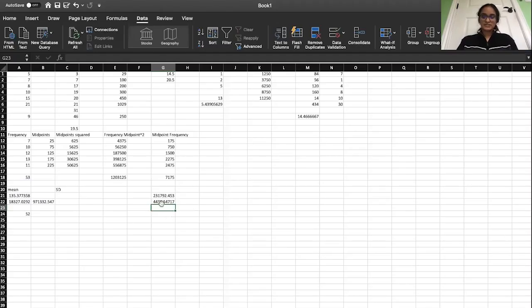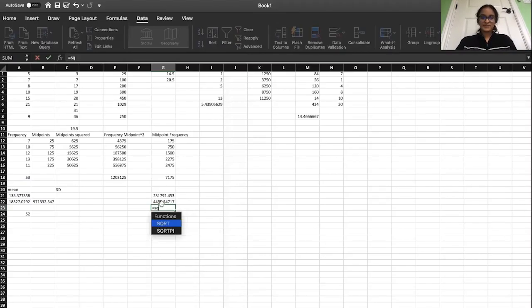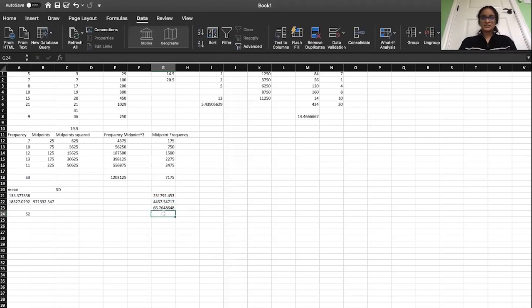So if I go back to my Excel, I'll do square root of this number, and I should get 66.76 as my standard deviation. A lot of you were saying in the chat it should be a really big number. The reason you're getting a really big number is because you're stopping almost at the end of the problem, but you're not quite there. So just remember to square root and you'll get your standard deviation.